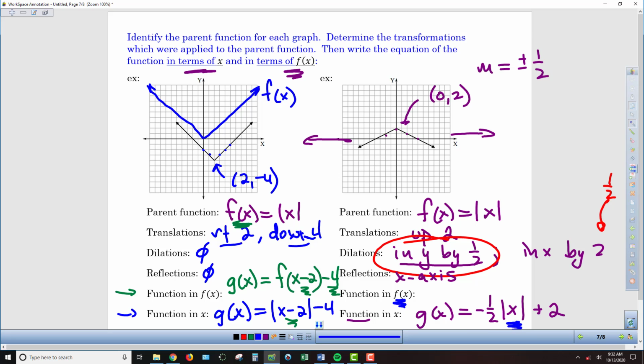So this is just where I'm going to replace the absolute value of x with f of x. So I'm going to go g of x equals negative 1/2 times f of x. So again, this is just this general format so that it could be applied for any function I might be working with. And then of course I need the +2 for that vertical translation.